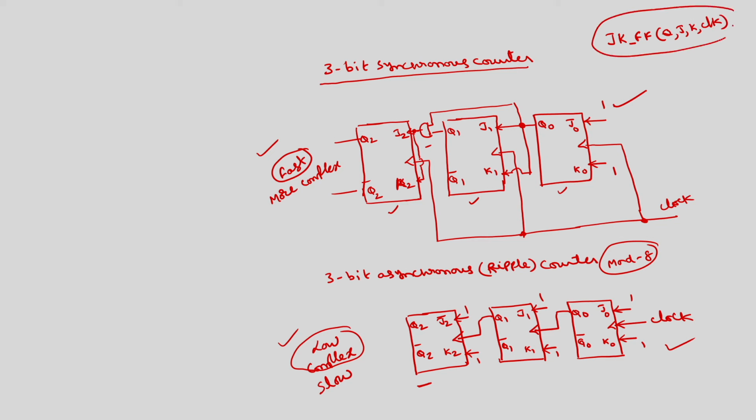This was the name we have used for the JK flip flop. By instantiating this we can write the code for the 3-bit synchronous counter.